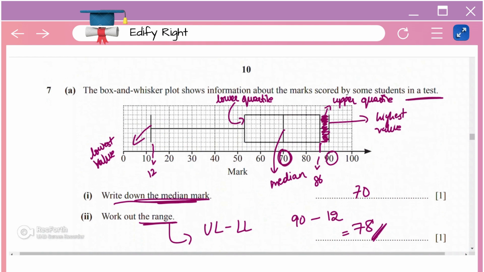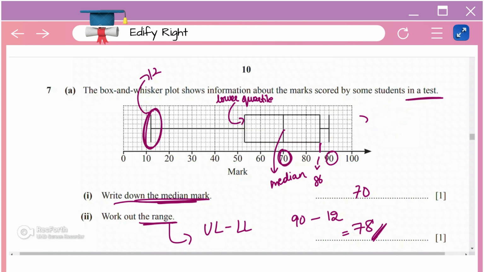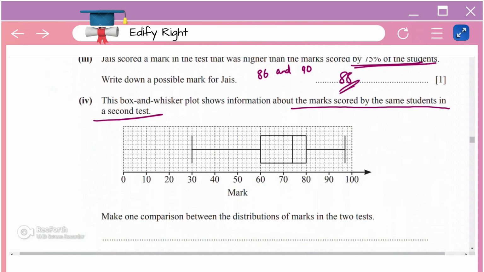Here, my lowest value was 12, which means there are students who scored 12 as the least amount of marks, and my highest value is going up to 90. Let's compare this with the next box and whisker plot. Here my lowest mark is 30. So my starting range is a little higher over here, and my highest mark is going up to 97.